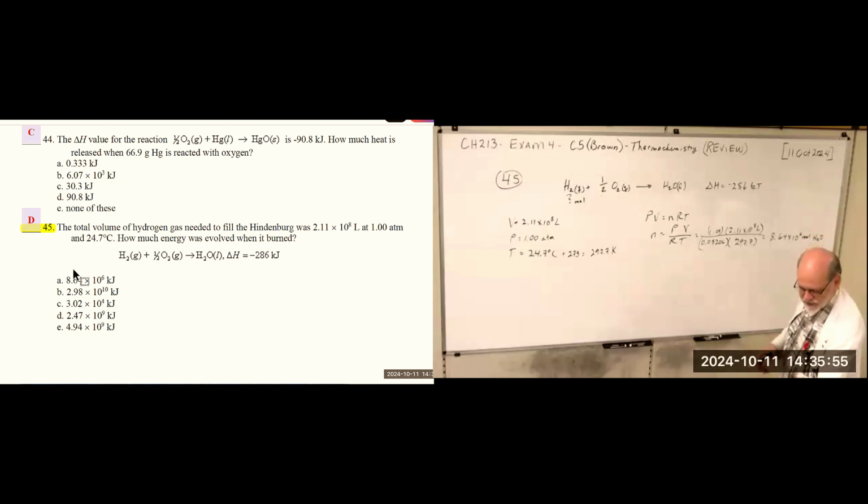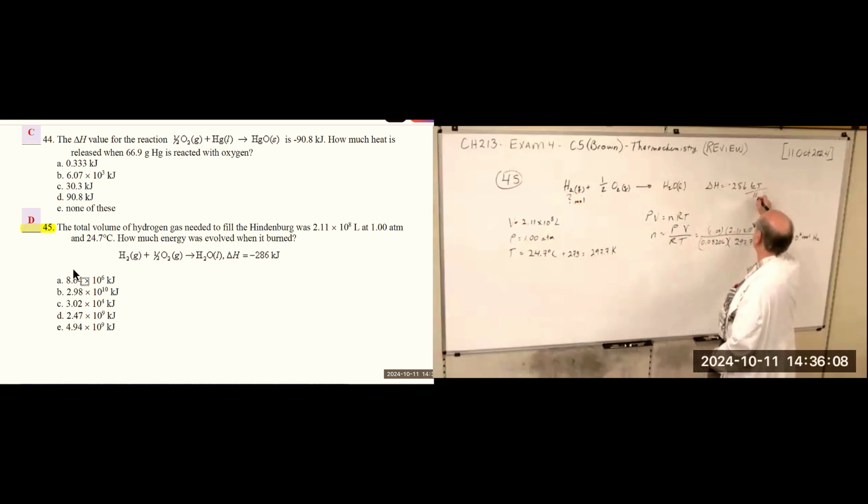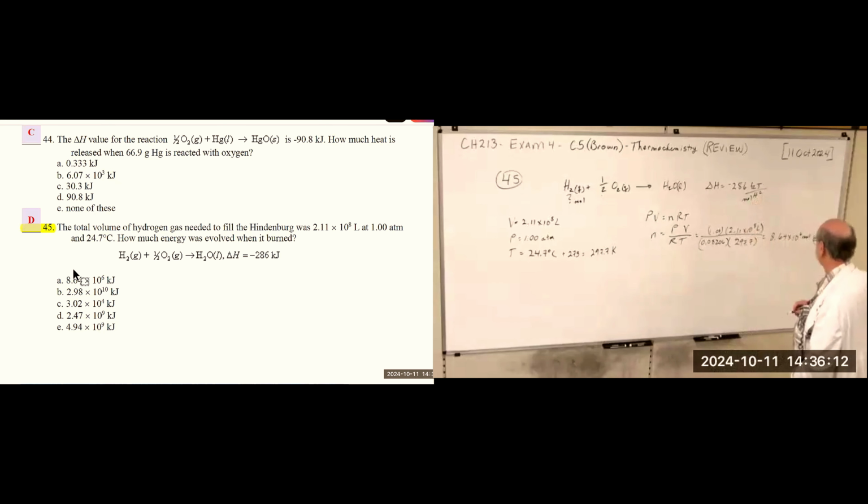Oops. Okay. Went too far with the reaction there. Okay, so now this is how many kilojoules per 1 mole of hydrogen. Okay, so if this is the number of moles of hydrogen, I can multiply that times minus 286 kilojoules per mole of hydrogen.